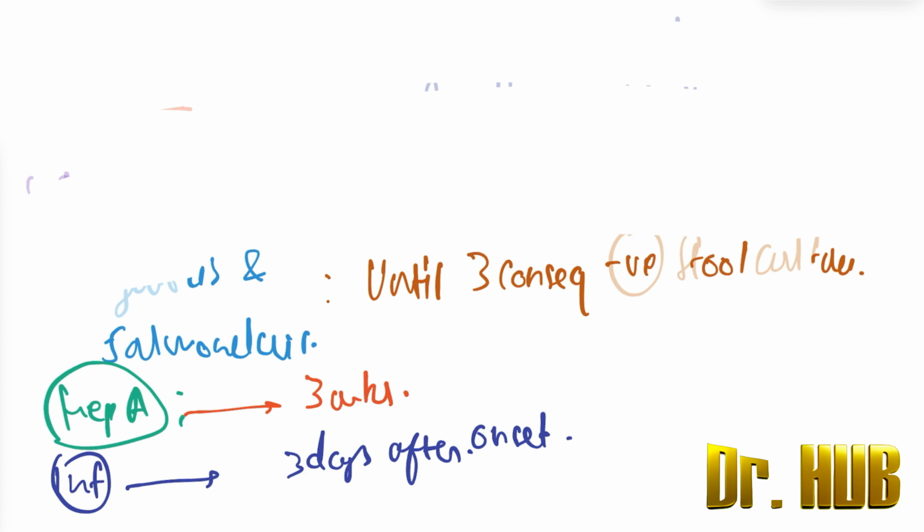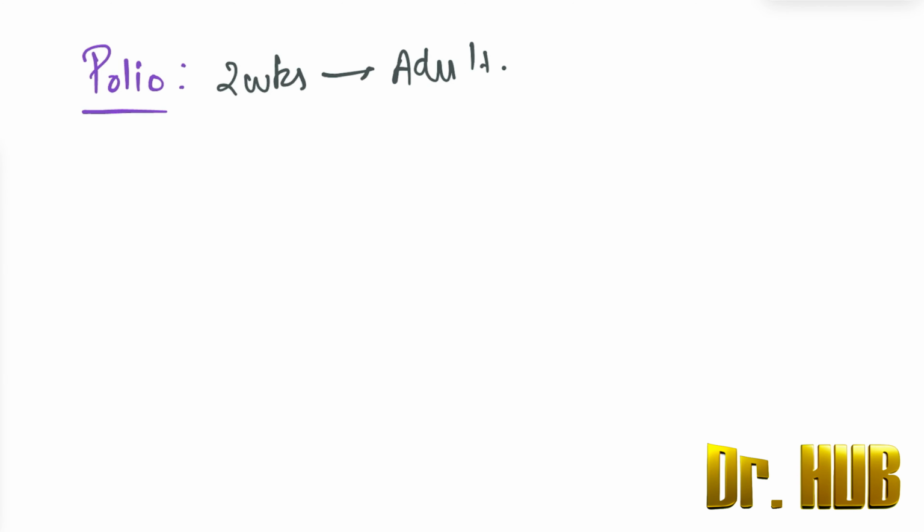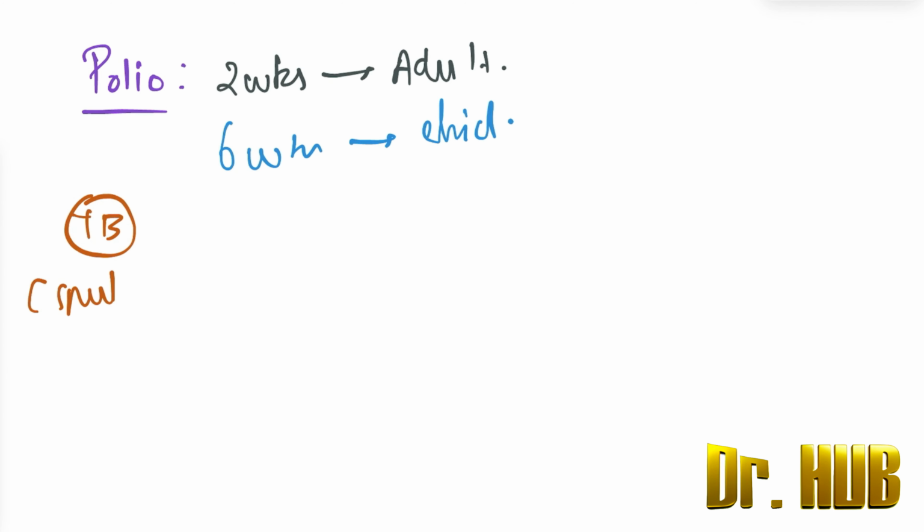Now let's look at polio. In terms of polio, it will be 2 weeks in adults and 6 weeks in children. Tuberculosis, that is TB, sputum positive, is until 3 weeks of effective chemotherapy.